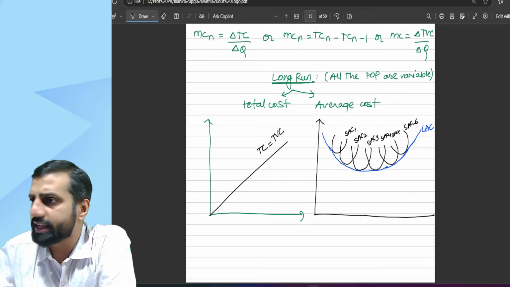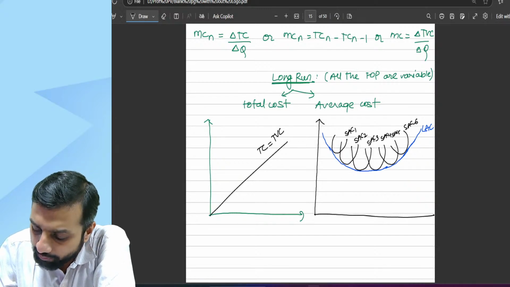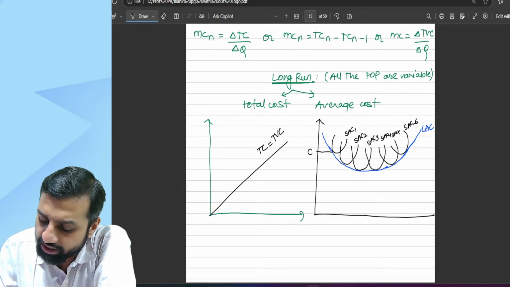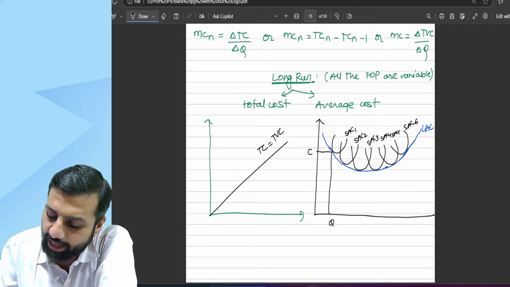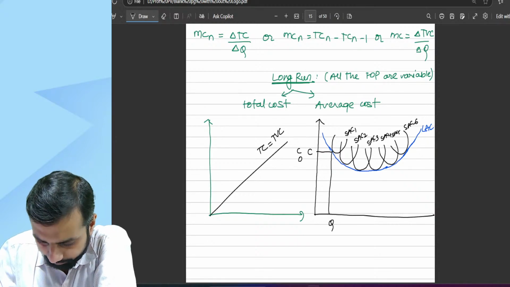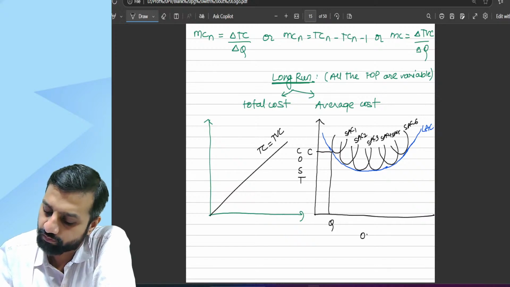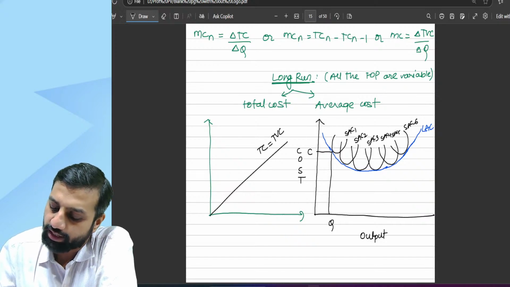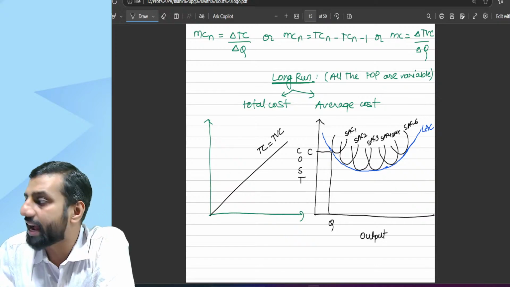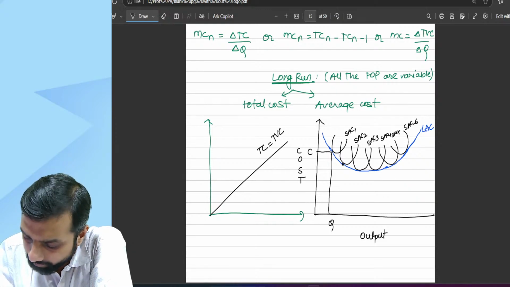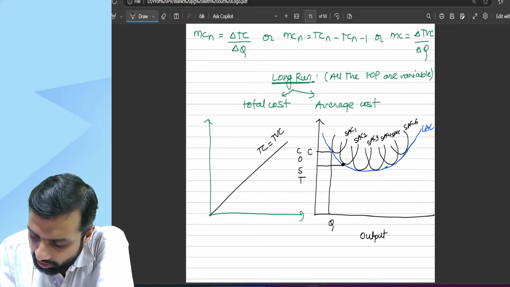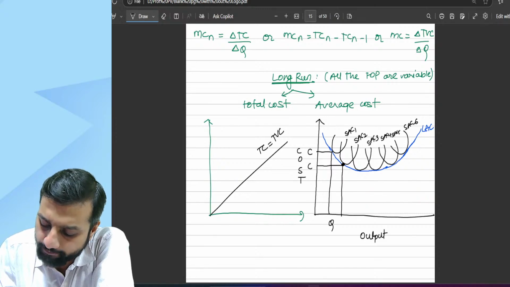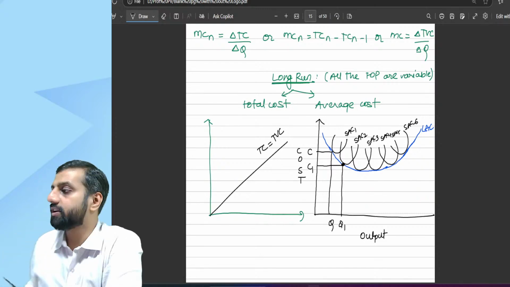Now the question is, will we produce at a point where cost is C and output is Q? It is better to produce at SAC2 where your costs are lower, C1, Q1.